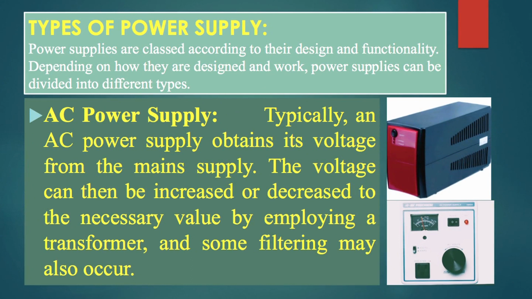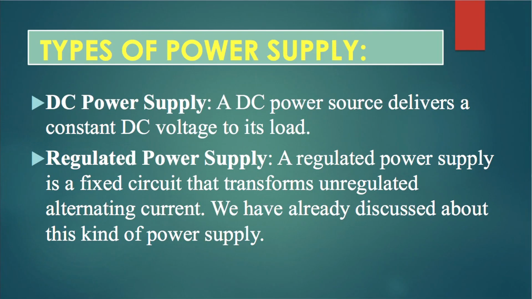Typically, an AC power supply obtains its voltage from the main supply. This voltage can be increased or decreased to the necessary value by employing a transformer, and some filtering may also occur. DC power supply. A DC power supply delivers a constant DC voltage to the load.